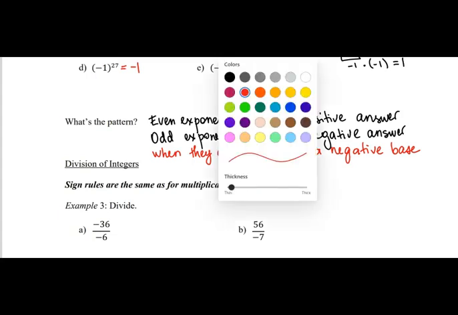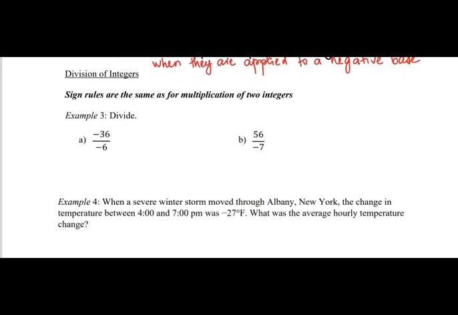Okay, so division rules. The good news is the sign rules are the same as for multiplication of two integers. If you divide two negative numbers, you have the positive answer. If you divide two positive numbers, you get a positive answer. And if you divide negative and positive, you get a negative answer. All right, so here they are.